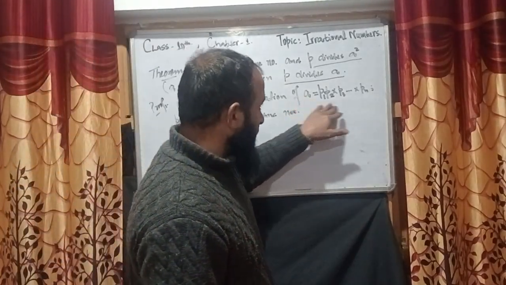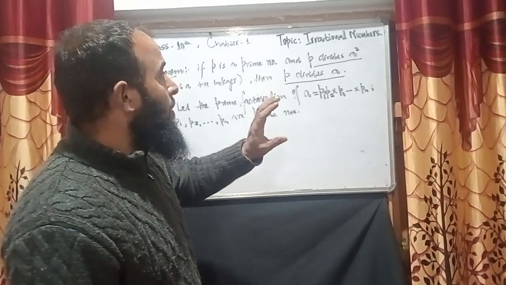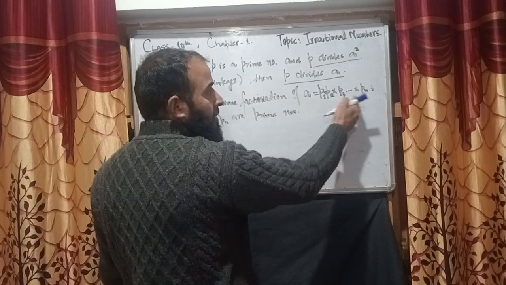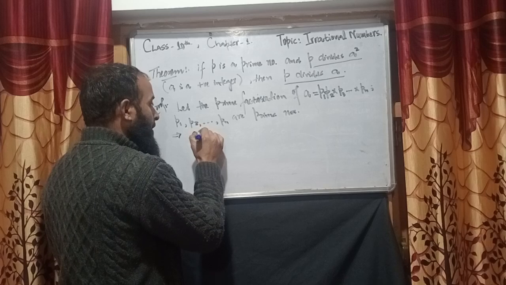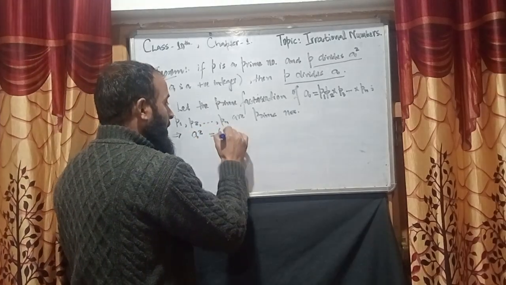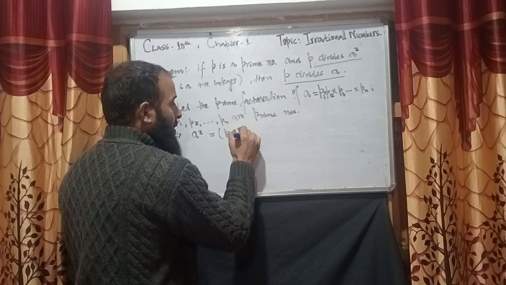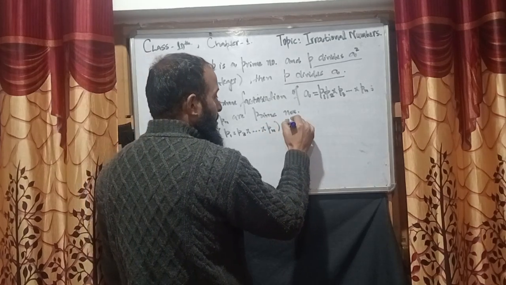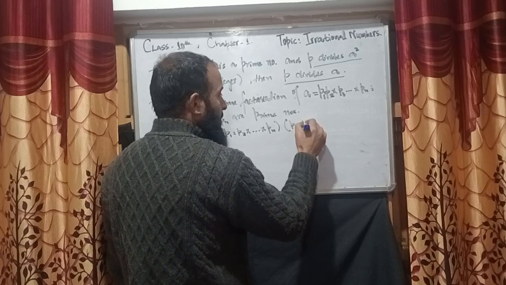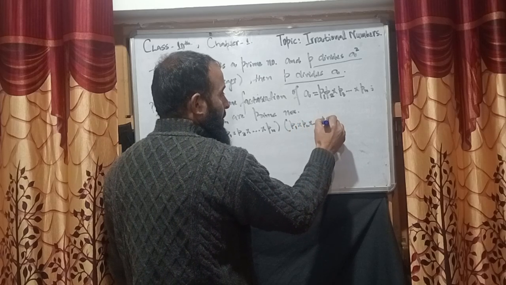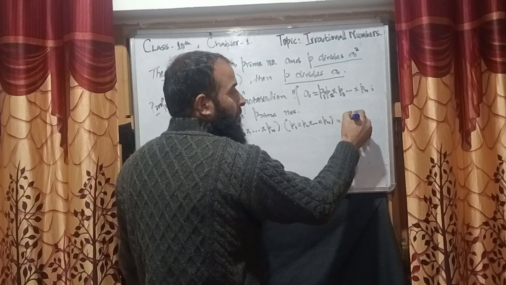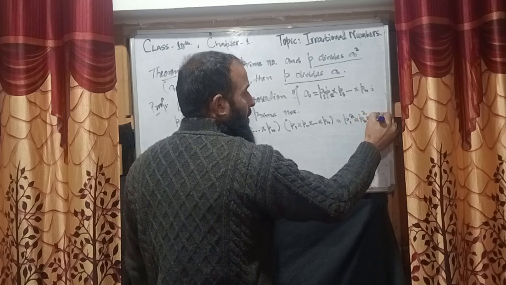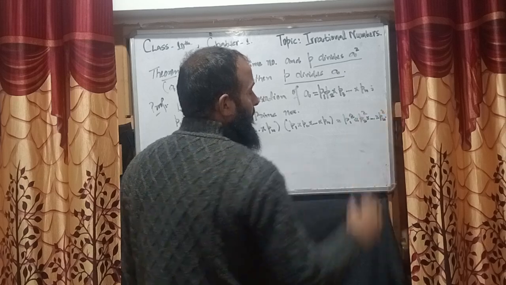So a has this form, which implies, if a is this, what will be a square? a square will be p1 cross p2 cross so on cross pn into p1 cross p2 cross so on cross pn, and that will be equal to p1 square cross p2 square cross so on cross pn square.